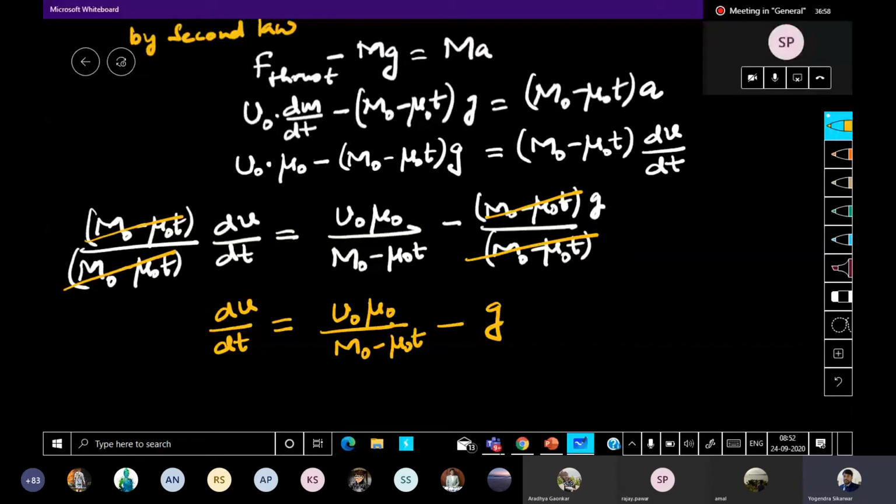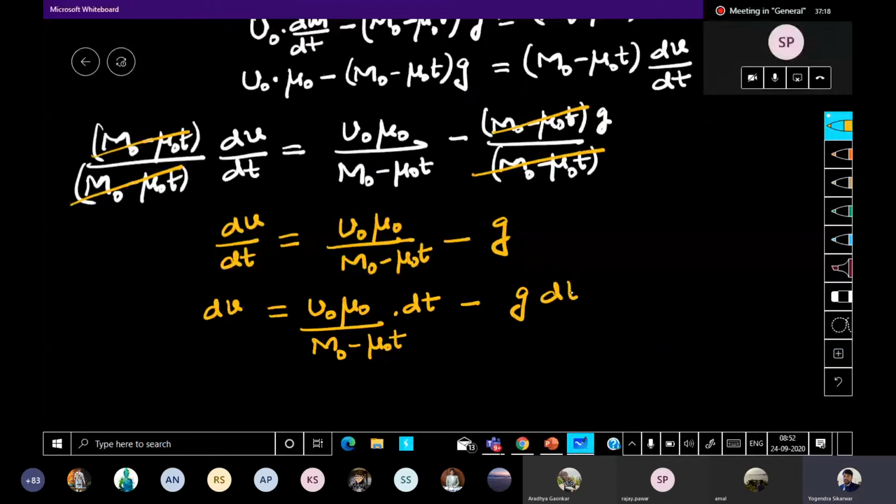So in the next step we can write dv is equal to, listen very carefully, u naught mu naught upon m naught minus mu naught t into dt, minus g dt. I have taken dt to the other side.